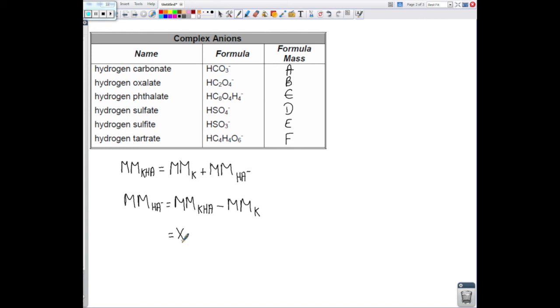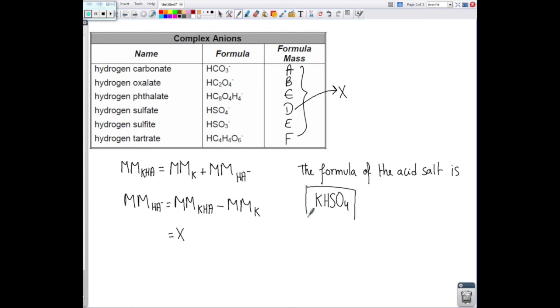Now you compare X to the values you have. Say you will find that D is the closest value to X. Therefore, the formula of the acid salt is KHSO4.